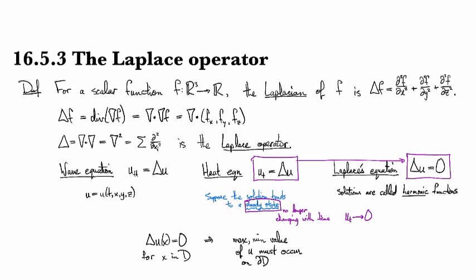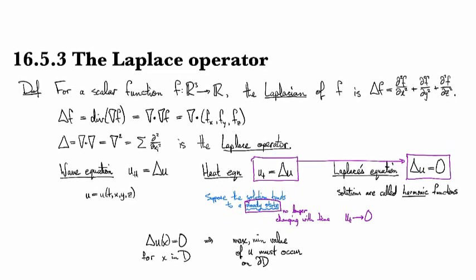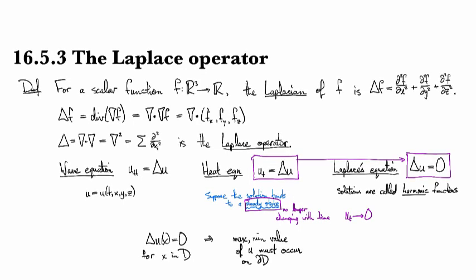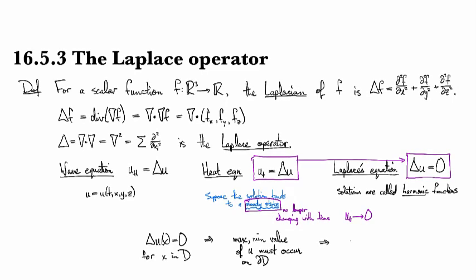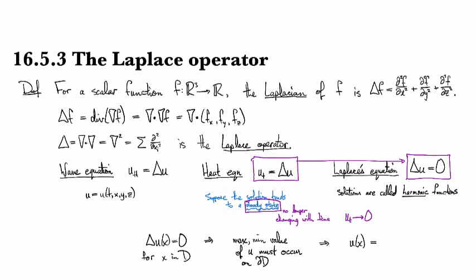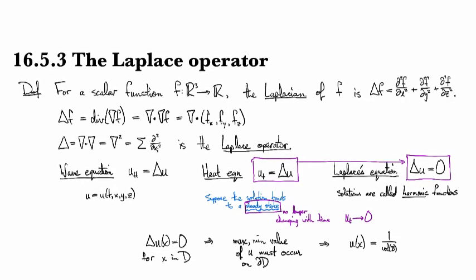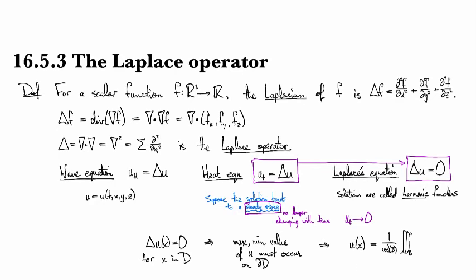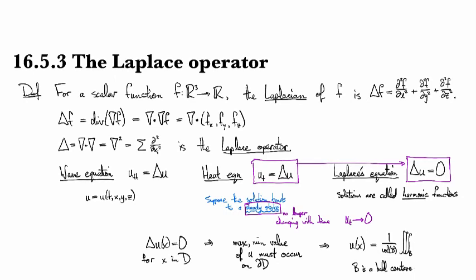It's impossible to have a local max or local min somewhere inside the region. Also, if u is harmonic, then the value of u at any point x is equal to the average value over any ball centered at x. So here B is a ball centered at x.